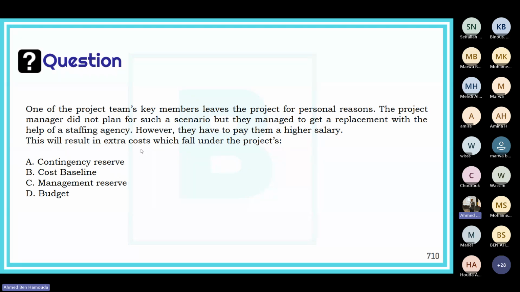This will result in an extra cost which falls under the project's what? Contingency reserve, cost baseline, management reserve, or budget. Since this was an unforeseen situation, and it happened, we needed to cover for it through the management reserve, okay? Because it was not identified previously.